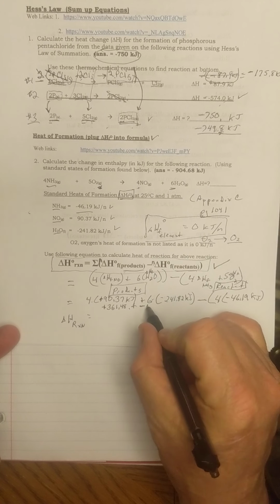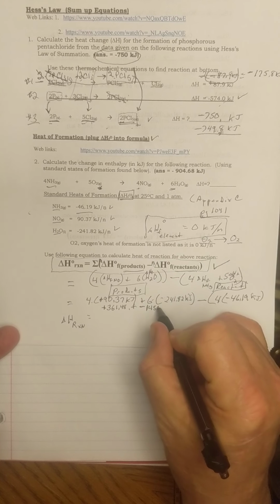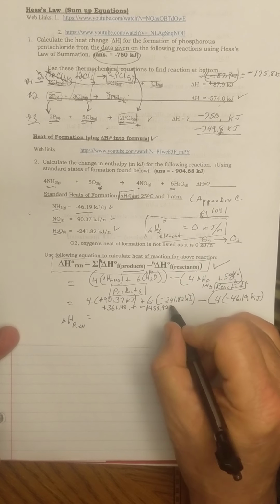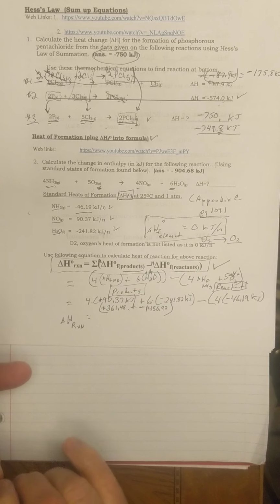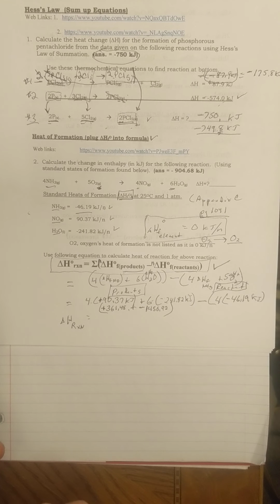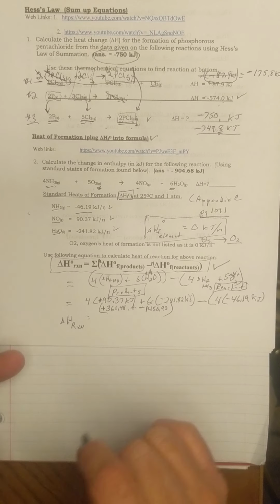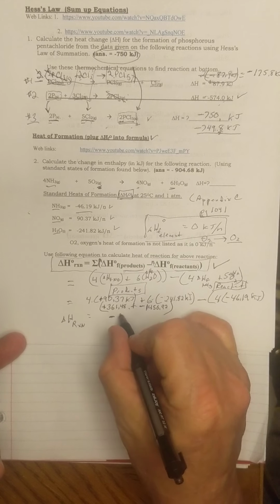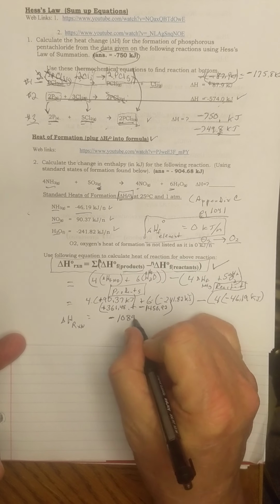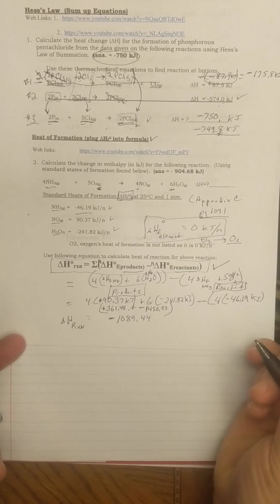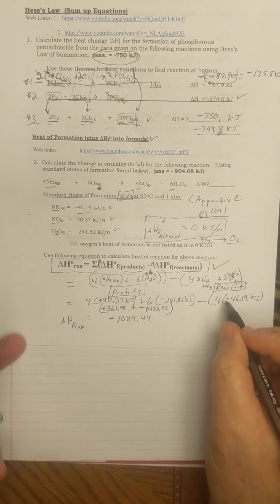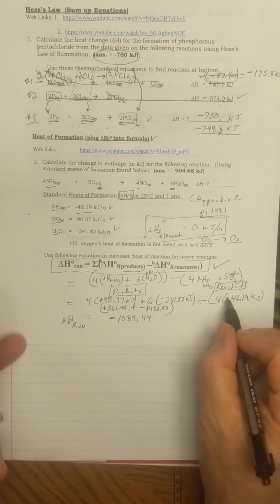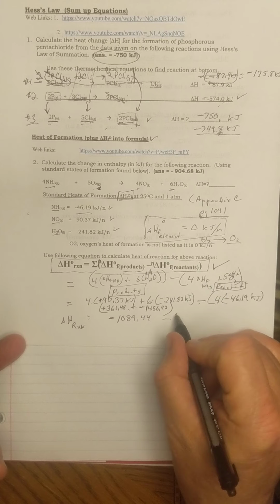So that number is going to be negative 1450.92. Total that up, and it totals up to a negative 1089.44. Okay, and then this is a negative, so it's a negative times a negative. It's going to end up being a positive.